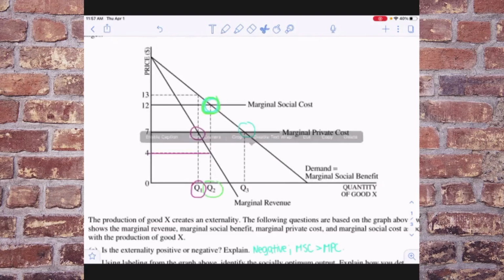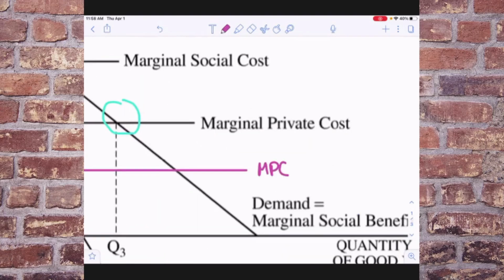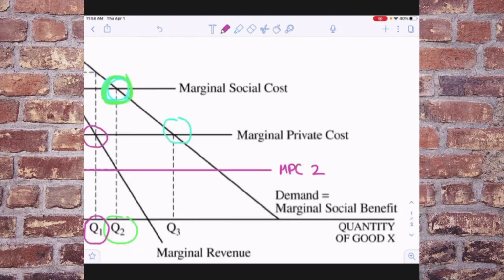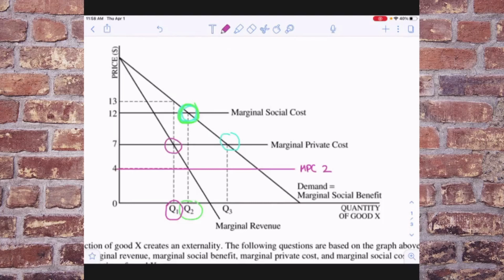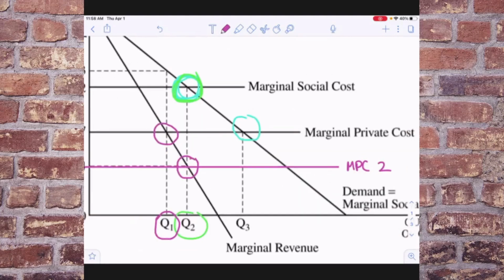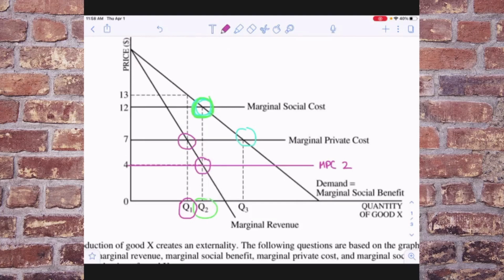I'm going to bring that all the way straight out past the demand curve, and I'm going to label it MPC2. Okay, now if you notice, MR is equal to MPC2 at Q2, so we're at the socially optimal point. So how much of a subsidy do I have to give? We shifted it from 7 down to 4. We had to give a subsidy of $3. Okay?